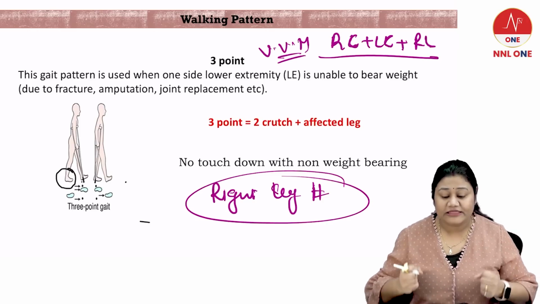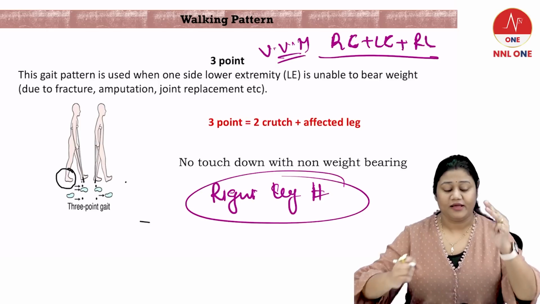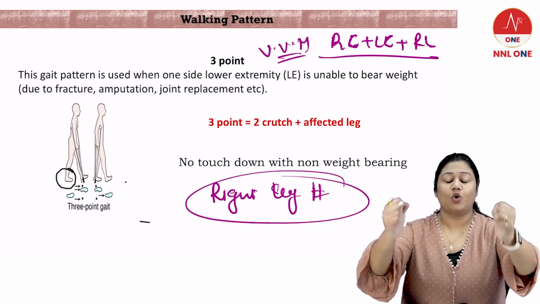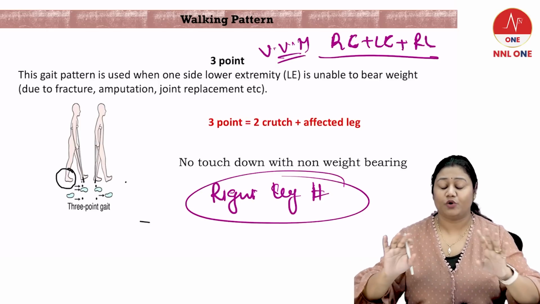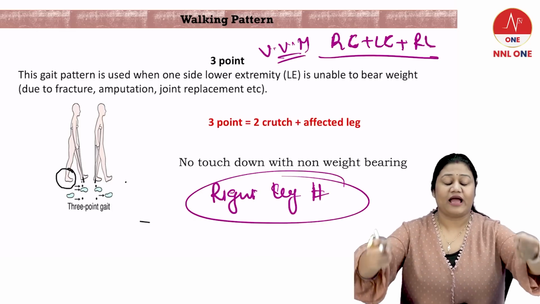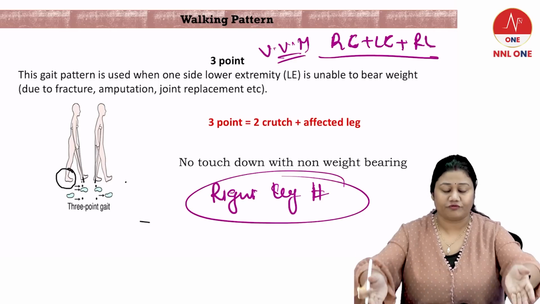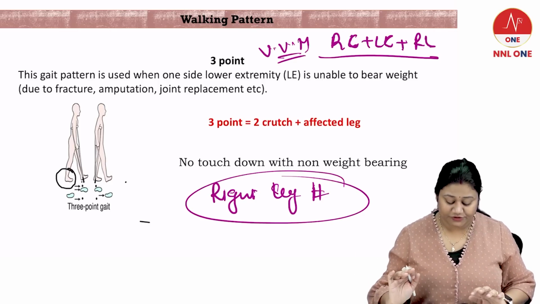You are moving all these three together. This is the reason it is called 3-point: right crutch, left crutch along with the affected leg, because we don't want to put that leg on the floor. So with both crutches we have to move together. We have to put the entire body weight on the crutches to move forward. Okay, so this is your 3-point.